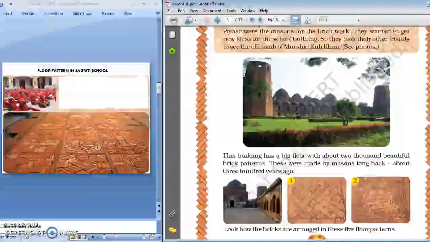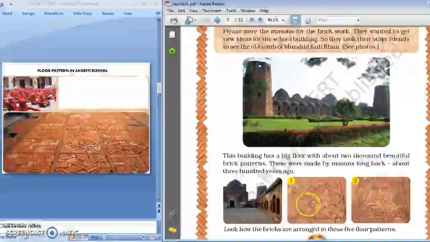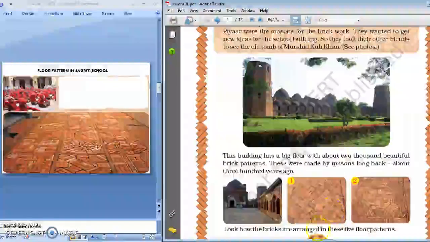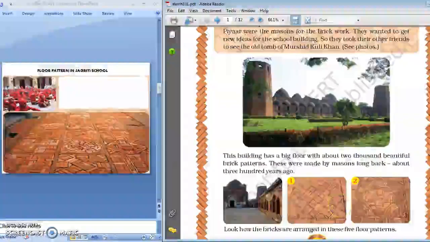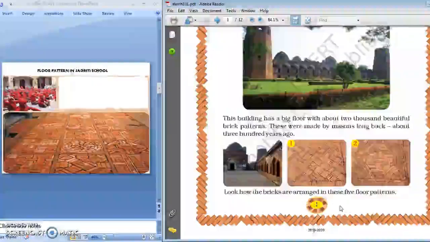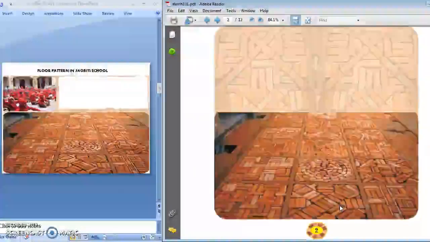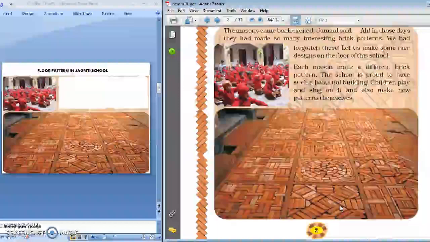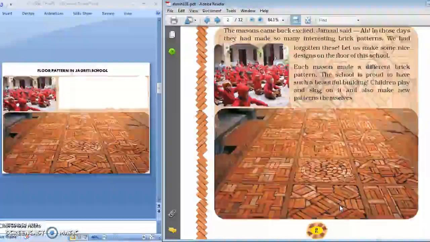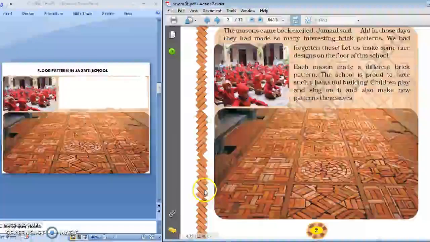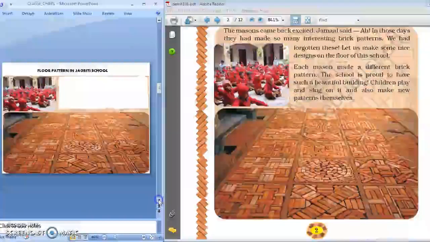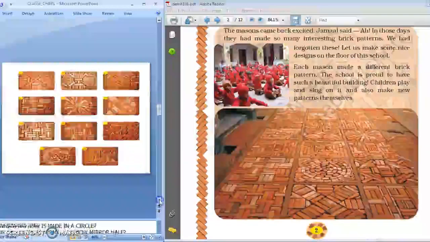So you could see in the NCERT book, this is another arrangement in the school. Tell me one thing, which place in Delhi have you seen which has a different brick pattern? I had mentioned to you yesterday about Red Fort.